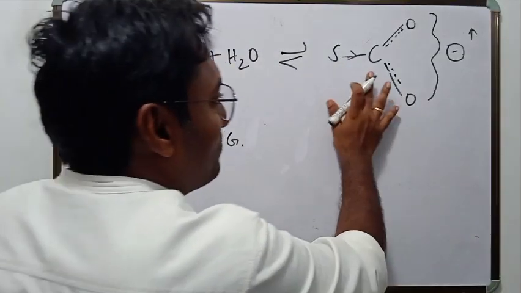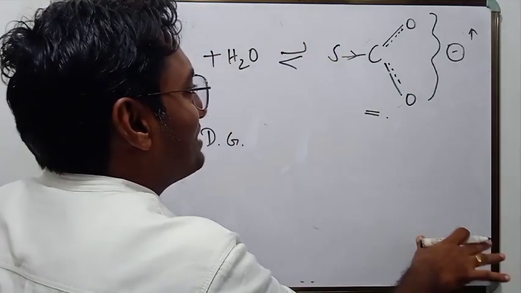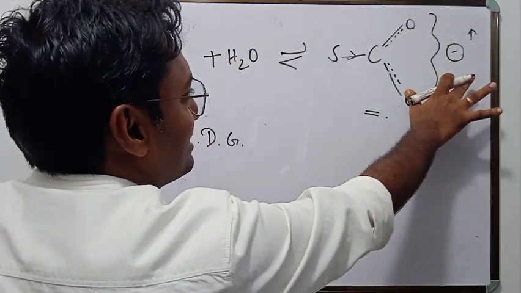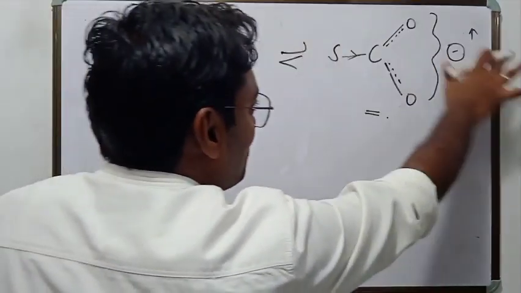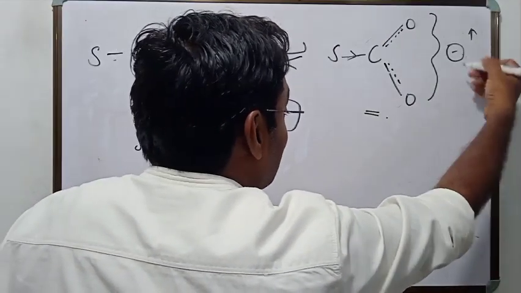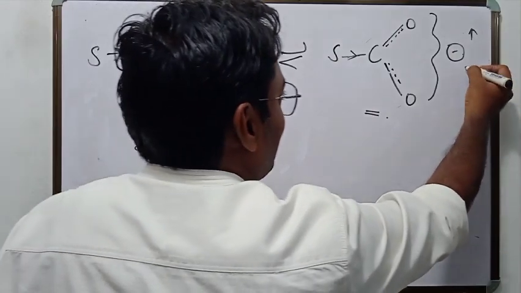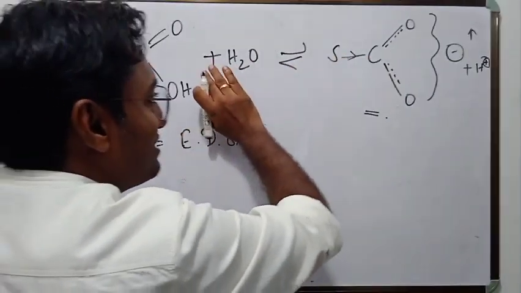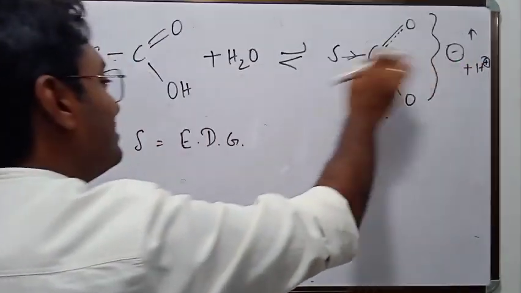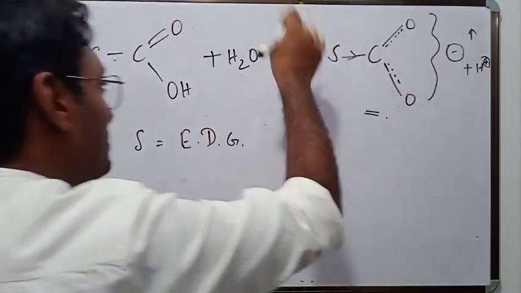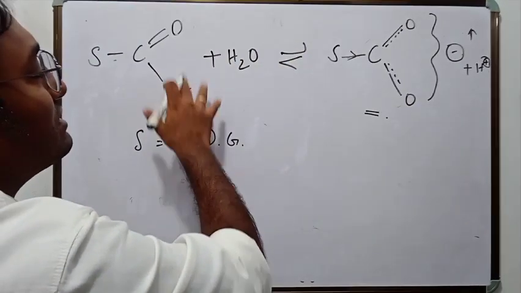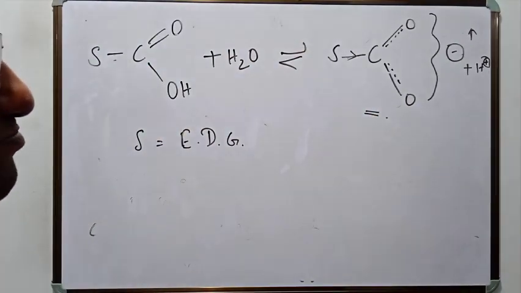So the reaction won't proceed in the forward direction. If it does not proceed in the forward direction, acidity will not be there, correct? Because here H plus is released. That would mean that the carboxylic acid will not be so acidic, correct?